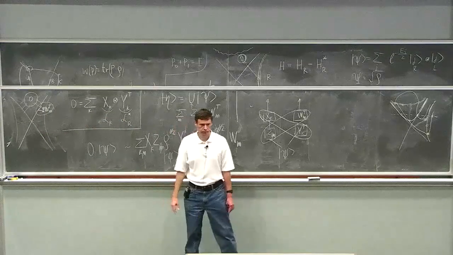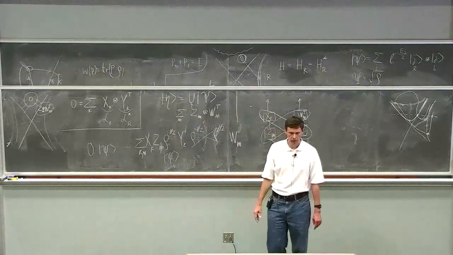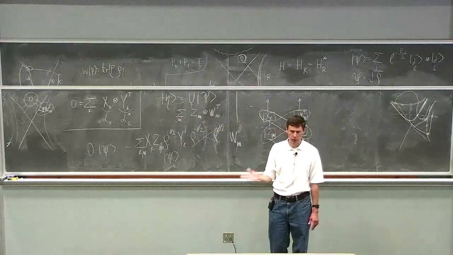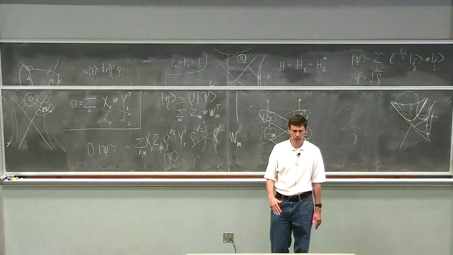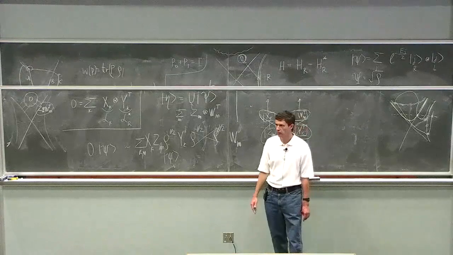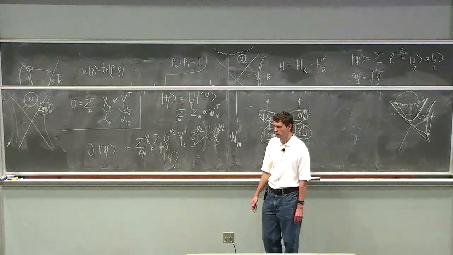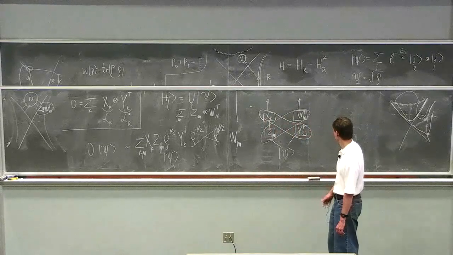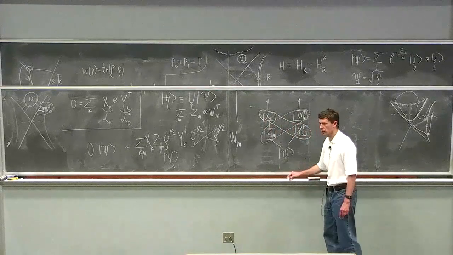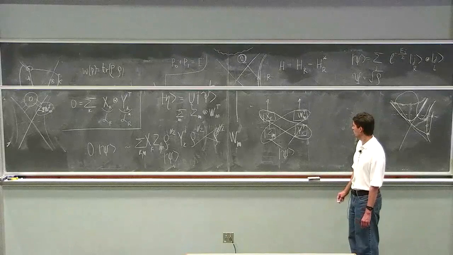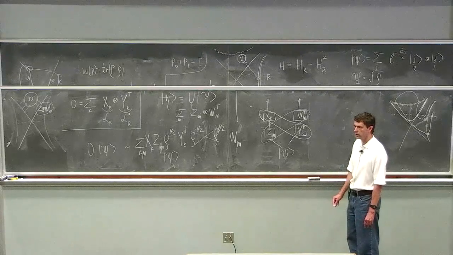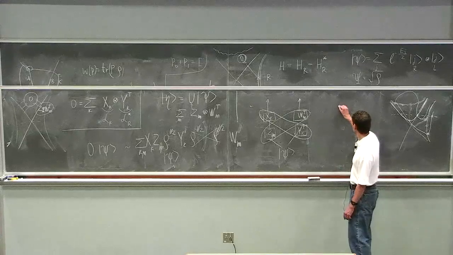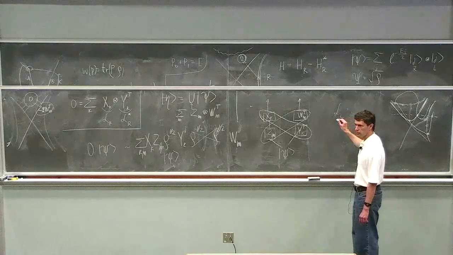Isn't it fine to identify the qubits with the left side? Yeah, the qubits may be identified with the left side. So if, instead of writing HR minus HL, we write HL as HR star. That's the identification. Yeah, exactly.